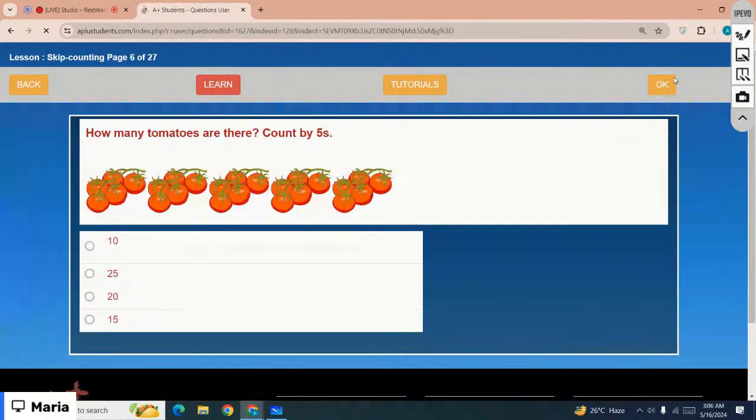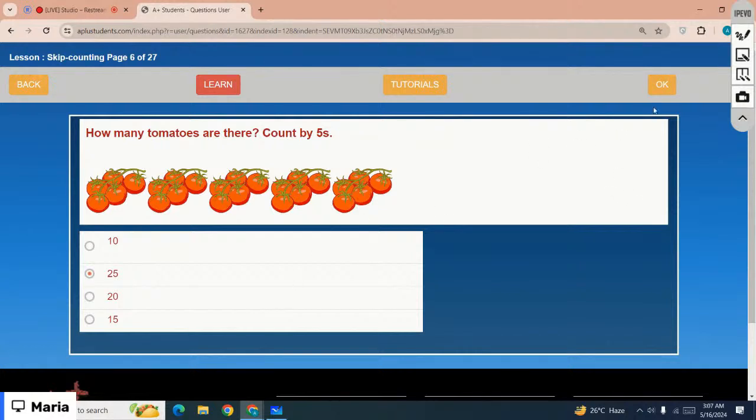Okay, how many tomatoes are there? Count by fives. Yes, 25 it is.